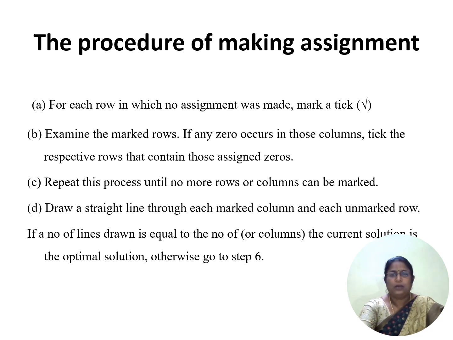If any zero occurs in those rows, tick the respective columns that contain those zeros, then tick the rows that contain assigned zeros in those columns. Repeat this process until no more rows or columns can be marked. Draw a straight line through each marked column and each unmarked row. If the number of lines drawn is equal to the number of columns, the current solution is the optimal solution. Otherwise, we have to go to the next step 6.